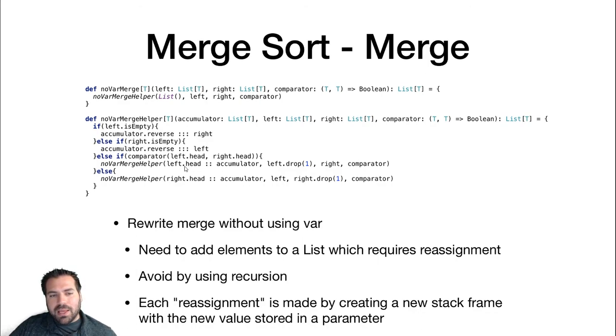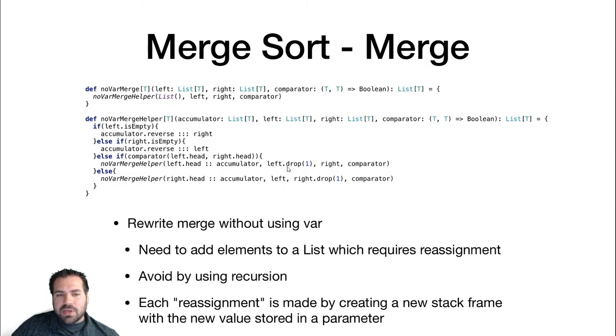And I'm going to append this in reverse order. Prepend, the reason we're doing this, prepend is much more efficient than append. So I'm prepending to the accumulator and then handling that in my base case by reversing that into the right order and then appending the other list. So I'm accumulating in reverse order and then reversing them in my base cases.